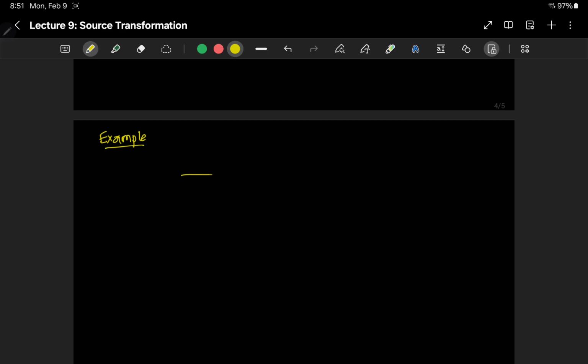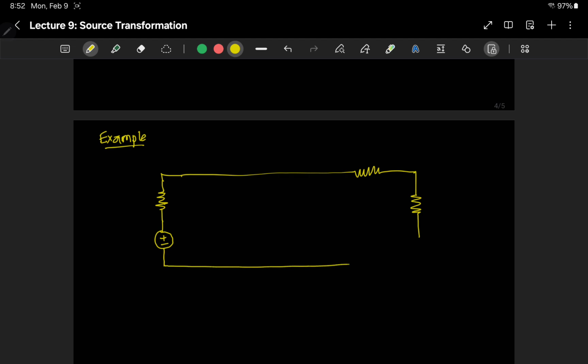Another example. Okay, we have two voltage sources, one current source.